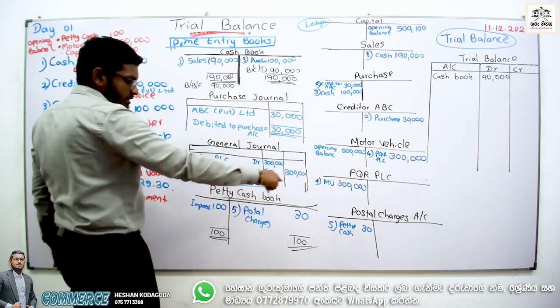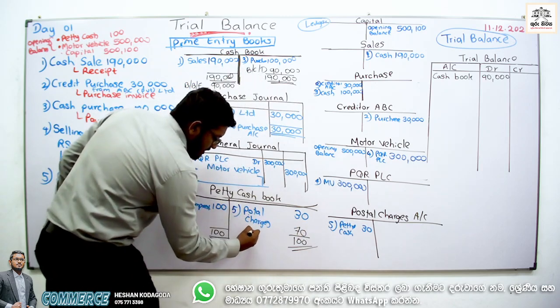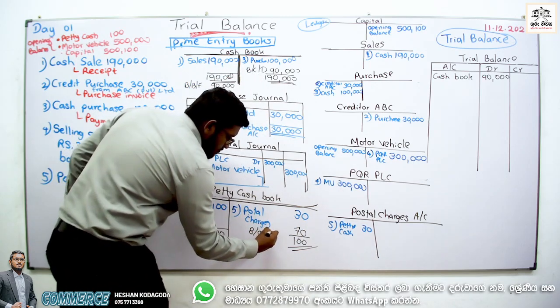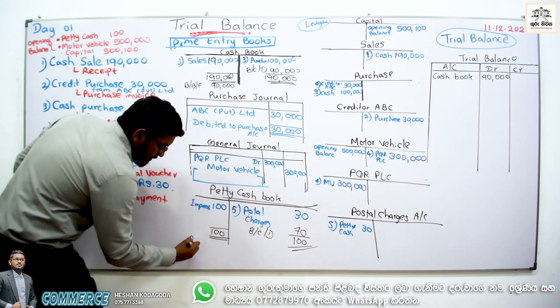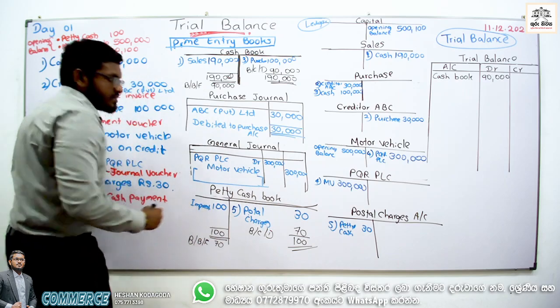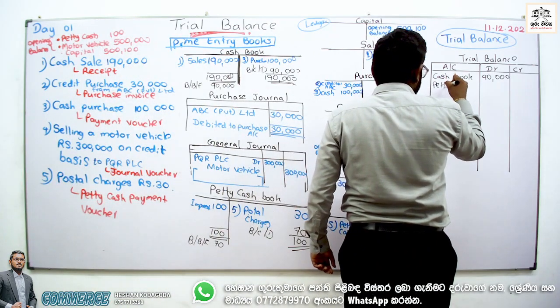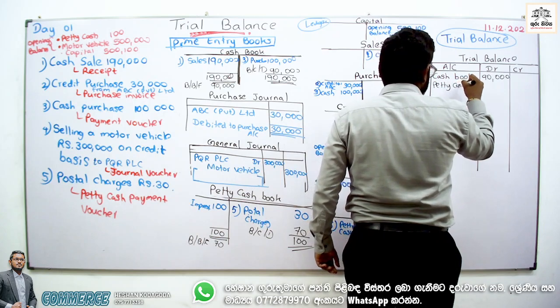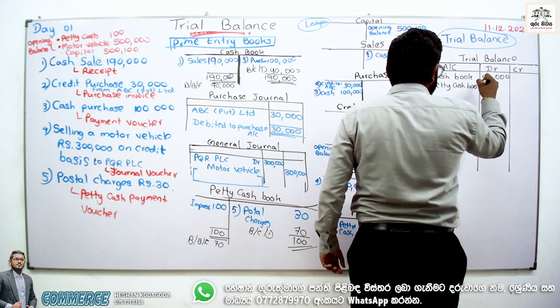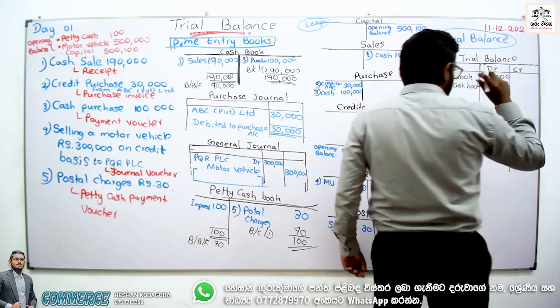So let's get 100 in here. So 70 is the balance carried down. In here, BBF 70. Debit side, you can take petty cash book, petty cash as rupees 70 debit. Are you okay up to here?